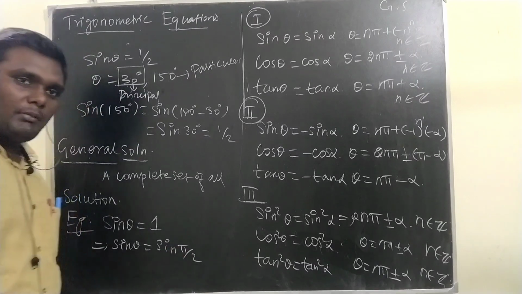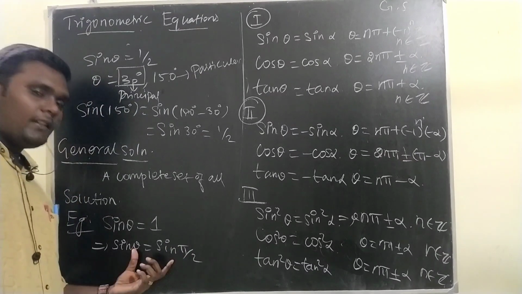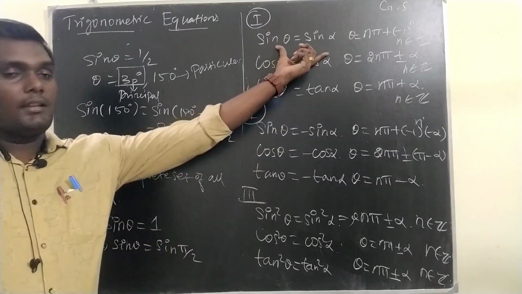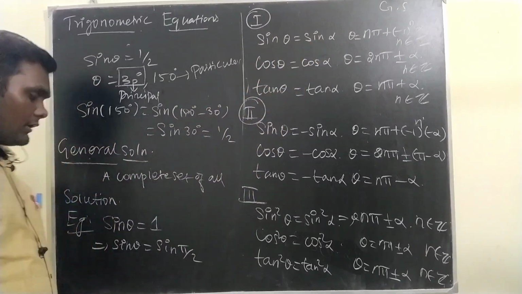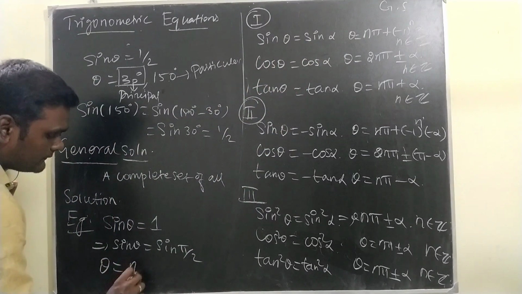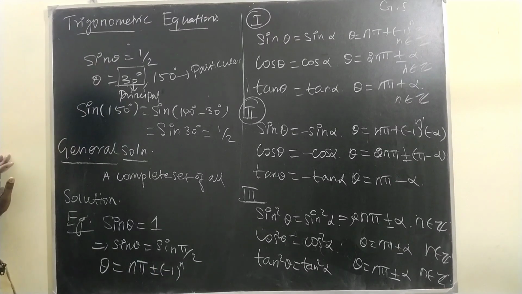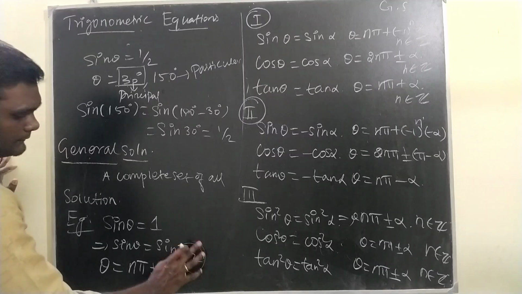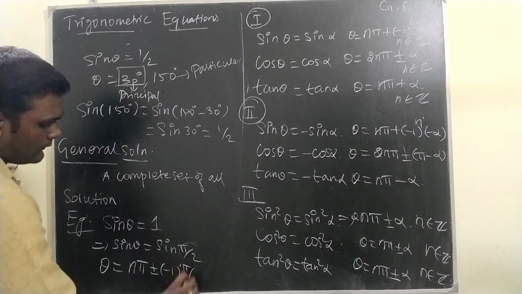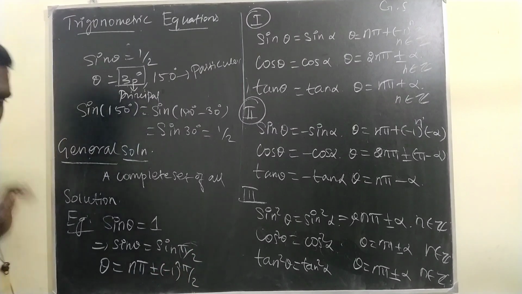Sin 90 degree is 1, remember? Now, this is in the form of what? Sin theta equals sin alpha. So, our general solution is theta equals n pi plus or minus 1 power n alpha. What is alpha here? Pi by 2.